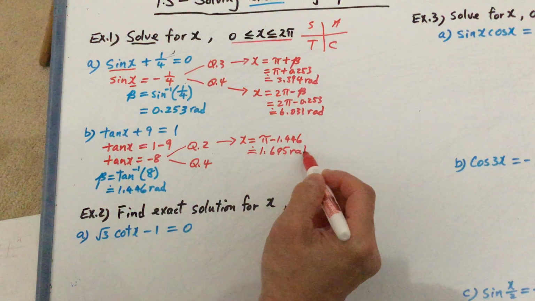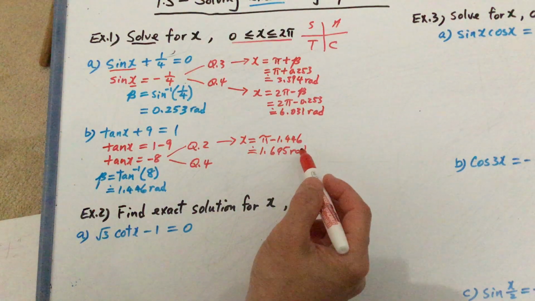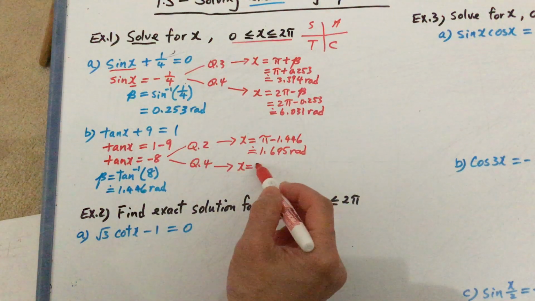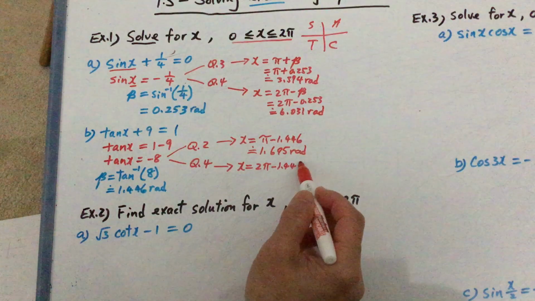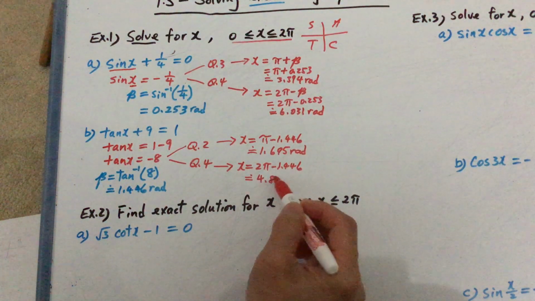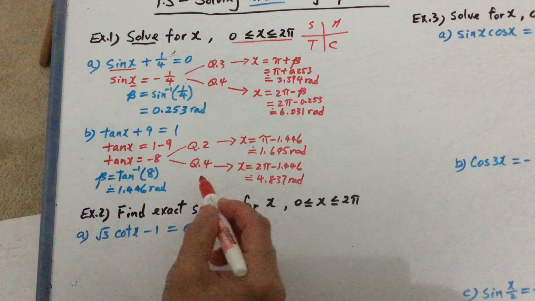Okay, 1.695 rad in quadrant 2, and then in quadrant 4, x is going to be equal to 2 pi minus the 1.446. Then you will be getting approximately 4.837 rad in quadrant 4.